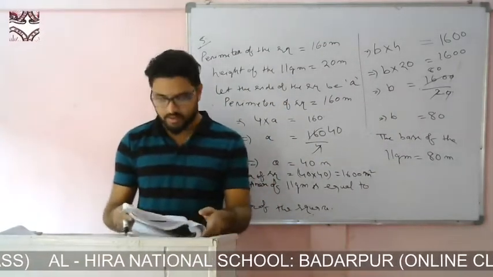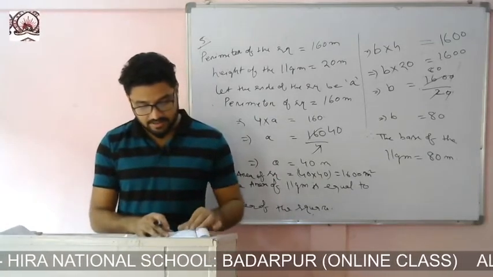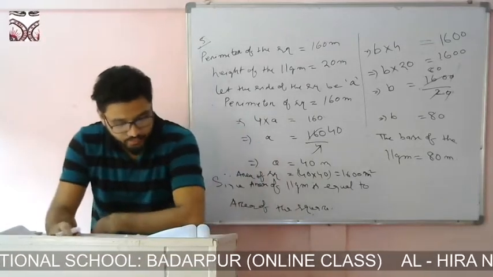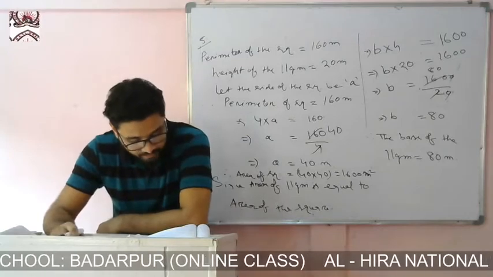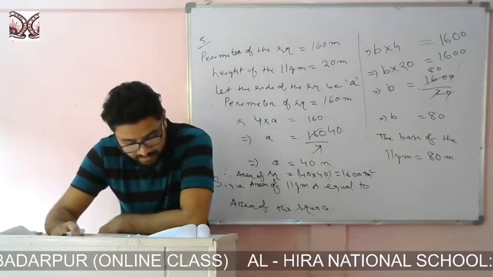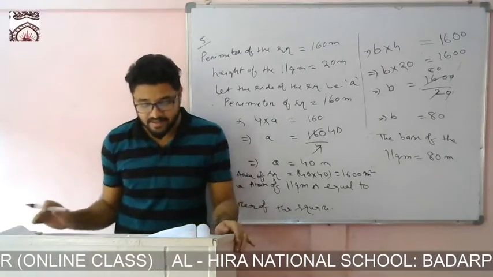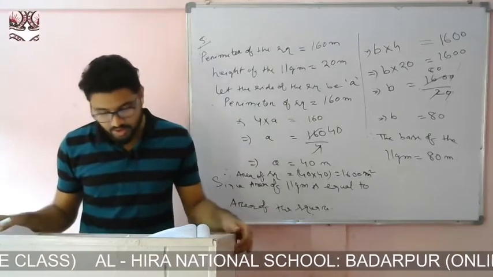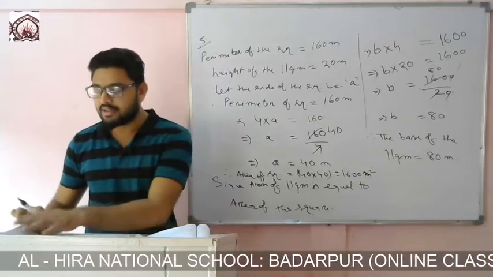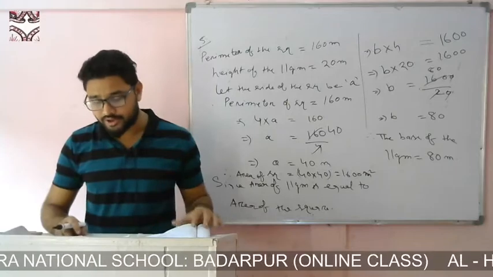Now come to question number 6. The area of a rhombus is 42 meter square. If its perimeter is 24 meter, find its altitude.